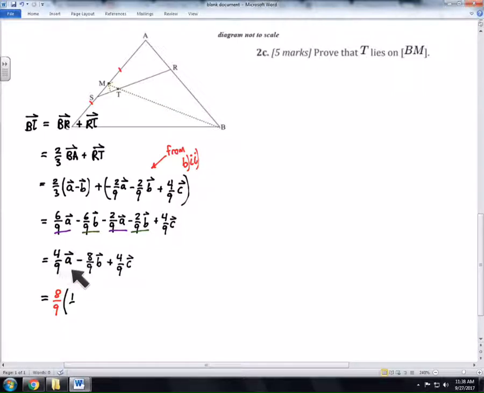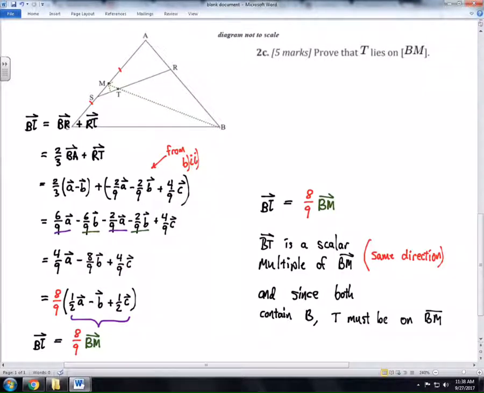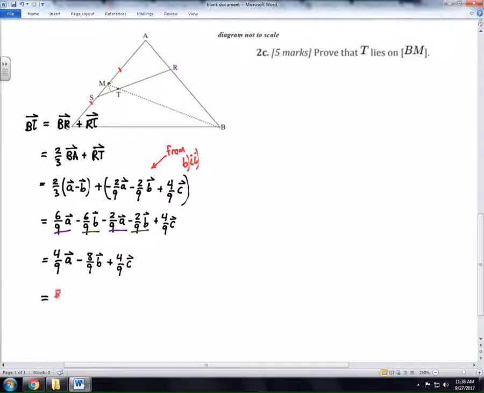Normally, if I wasn't looking ahead, I would just factor out a 4/9 and make this A minus 2B plus C. However, I recognize from earlier work that BM is half A minus B plus a half C. So you can see this is half of the vector that I ended up with right here. So I am actually trying to make that vector show up in terms of A, B, and C, and that's why I factored out the 8/9.